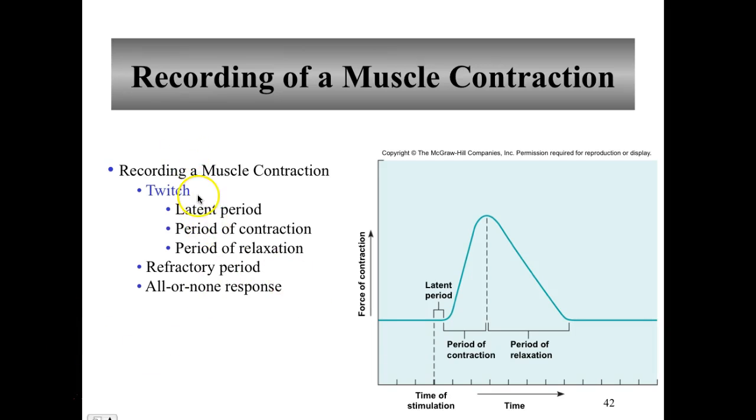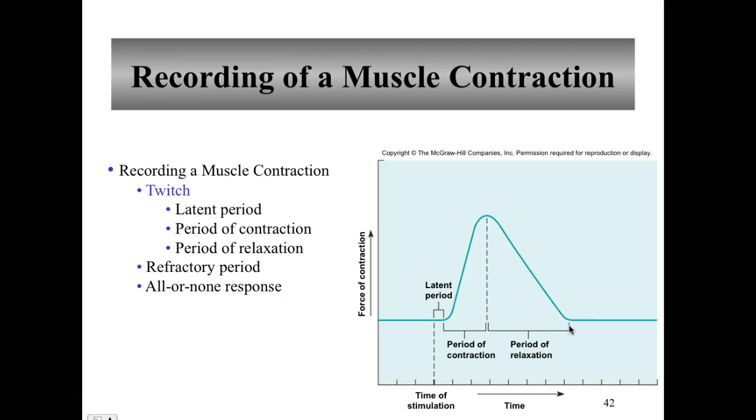So of that part of the twitch, here's the latent period, which is the delay between the stimulus and the contraction itself. The period of contraction is this increase in the slope, so you get the force of the contraction there, and then upon the maximum response to that contraction, you go back to a period of relaxation.